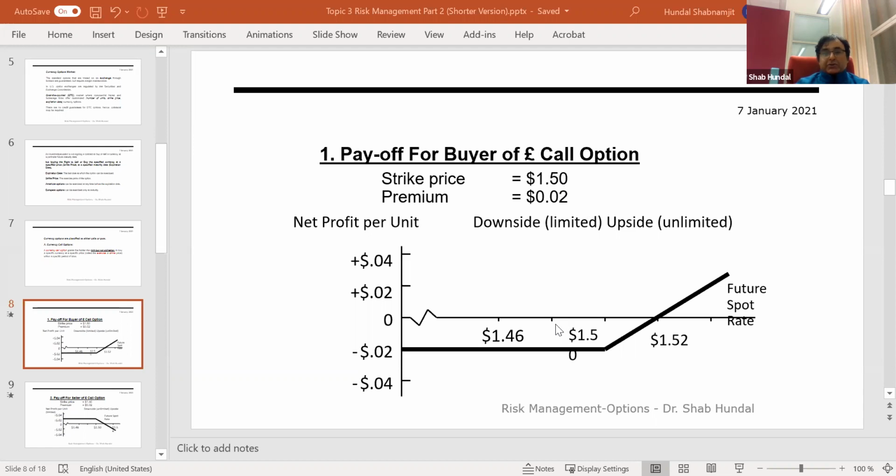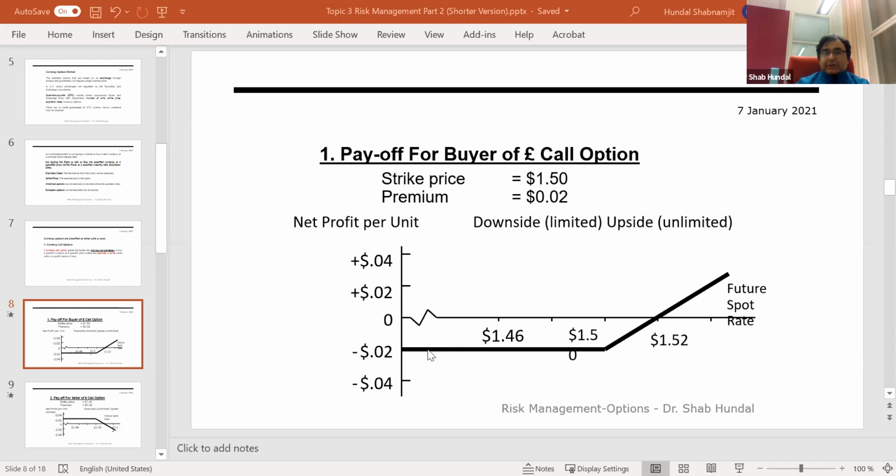You have no obligation. Don't exercise the contract. But when you don't exercise the contract, you have to lose the premium of 2 cents, which you paid in the beginning. It will not come back to you. It means that at 1.46, at 1.48, at 1.47, the maximum loss which you can have is 2 cents.